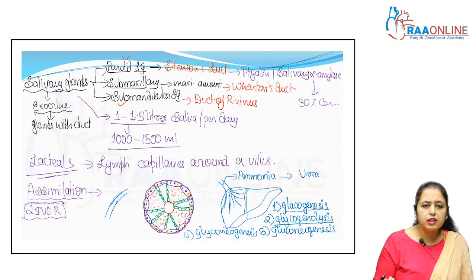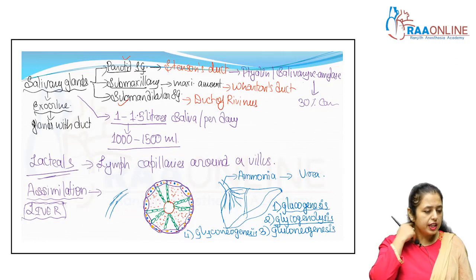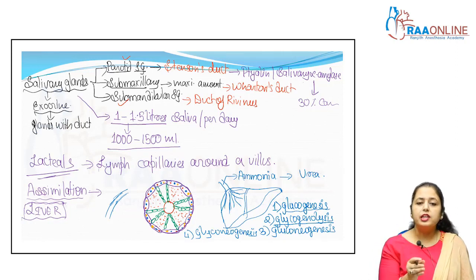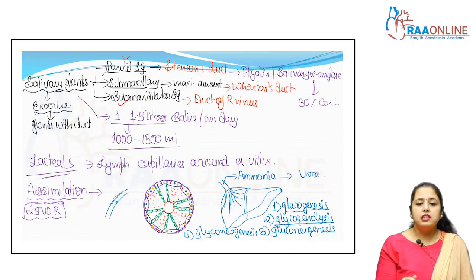And where does that lactic acid come from? It comes from anaerobic respiration. In case of anaerobic respiration in muscles, the pyruvic acid is converted into lactic acid and deposited in the muscles, especially in the calf muscles, right.